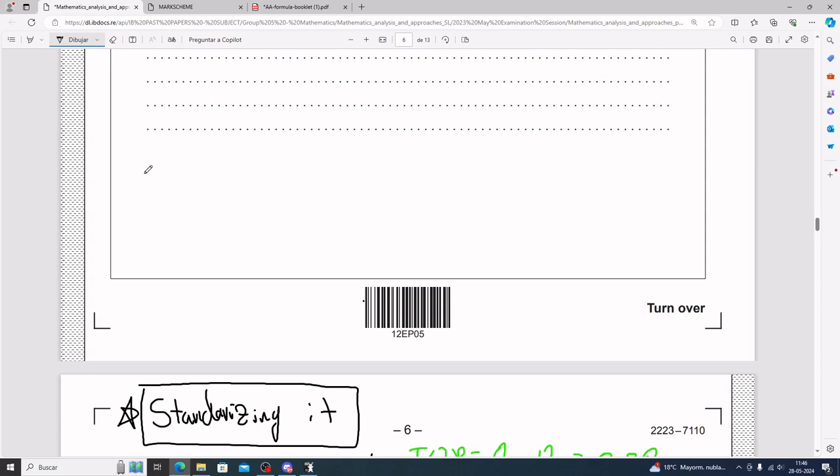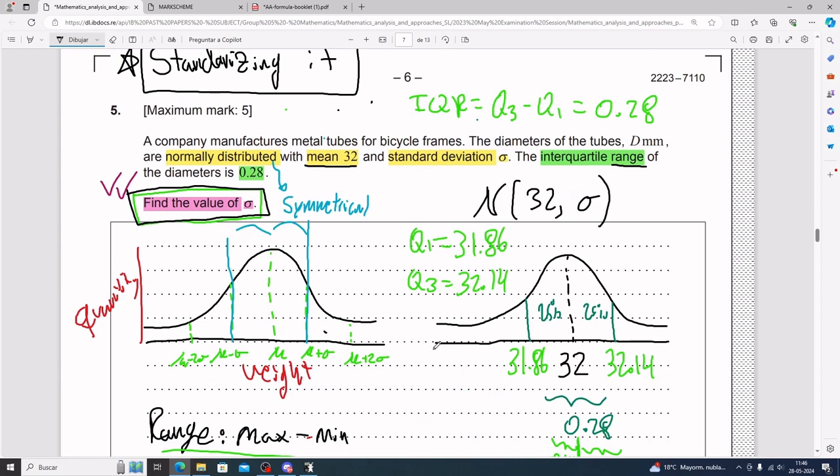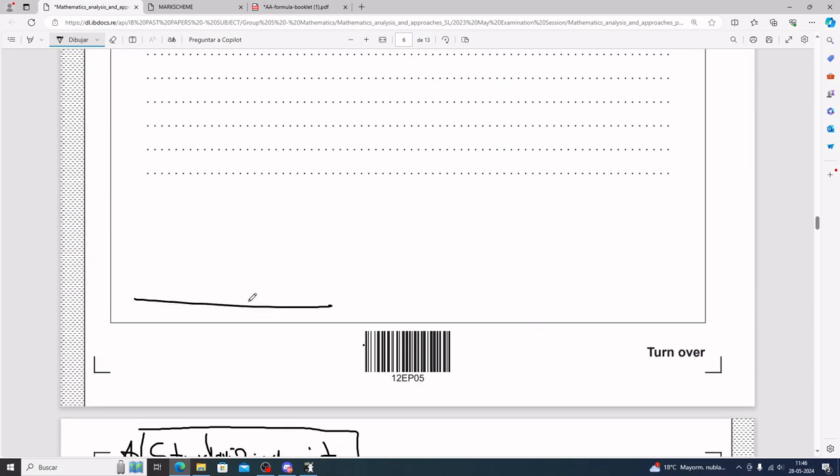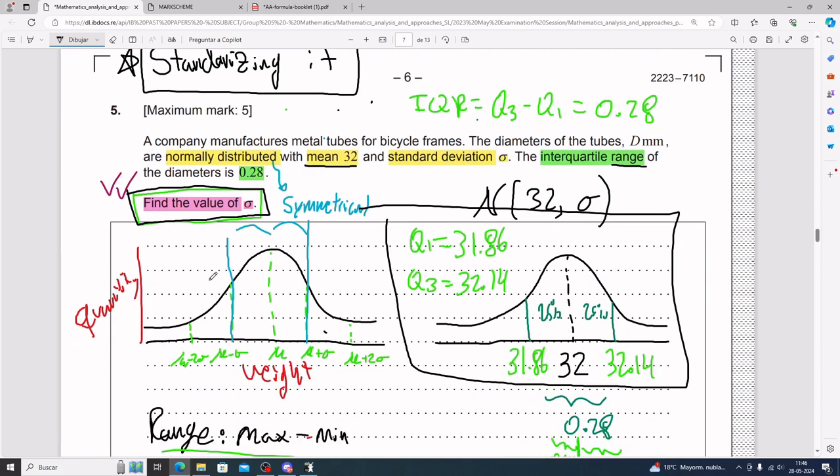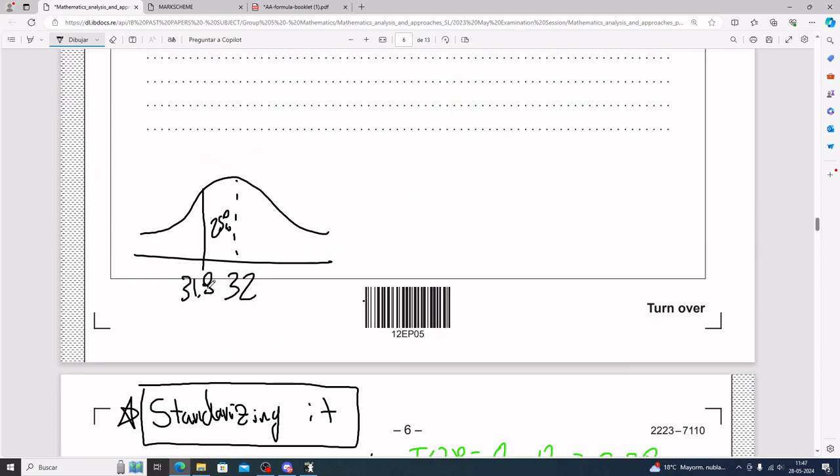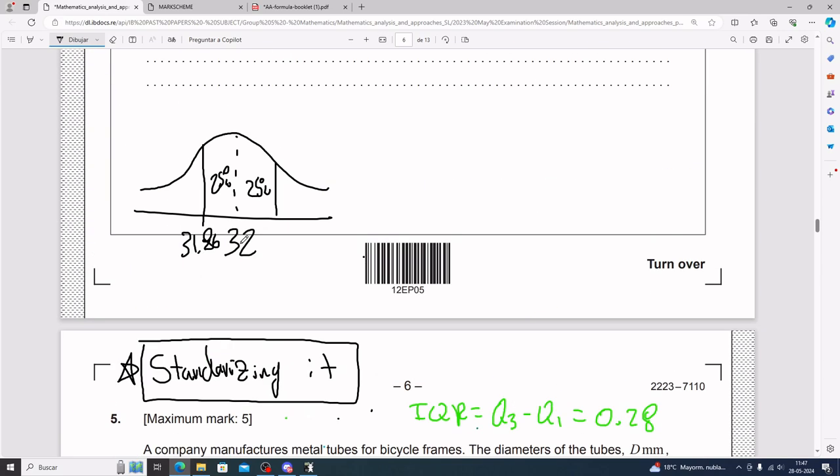Technically, this diagram that you did here, let me redraw it up over here. We said that this is 32, that 25% to the left, you find 31.86, and that 25% to the right, you're going to find 32.14.